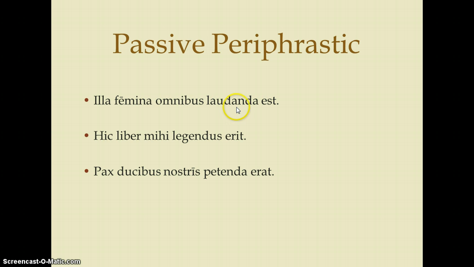So this is going to translate must be praised. Now, this ending on laudanda, the A ending, is telling us that our subject is going to be singular and feminine. So illa femina is our subject of laudanda est. And then omnibus is our dative of agent. So the entire sentence translates, that woman must be praised by all.